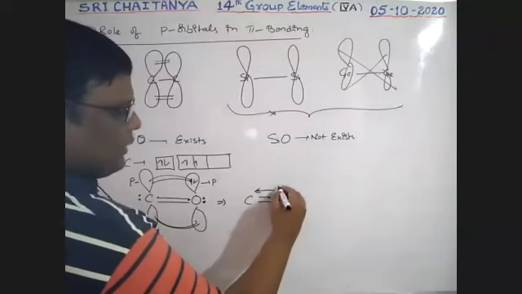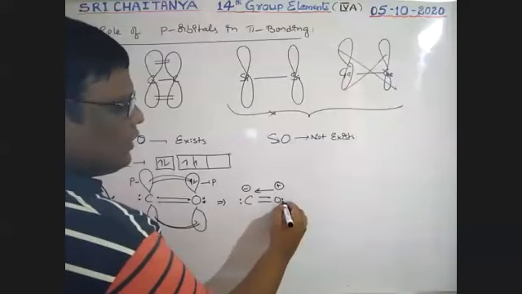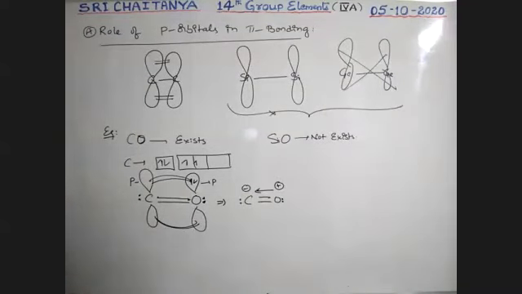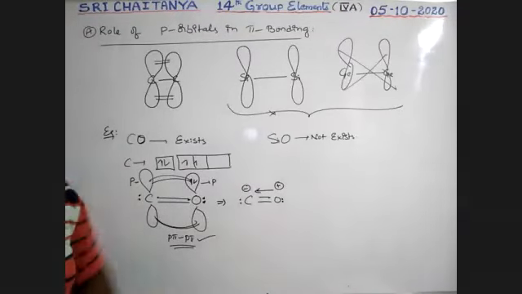Because of that, this one gets a positive charge, this one gets a negative charge, and this has a lone pair, this one also has a lone pair. So what type of bond is possible here? P pi bond is possible. That is why CO exists. Such a bond is not possible here.